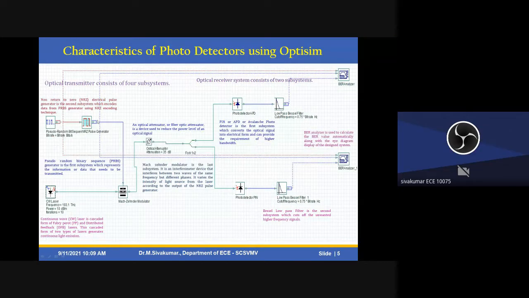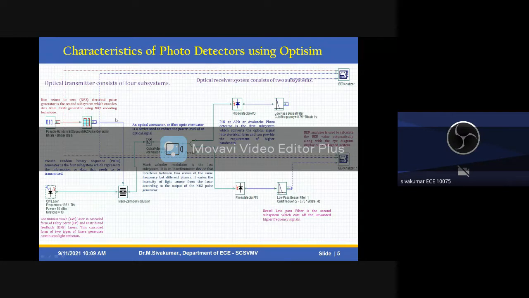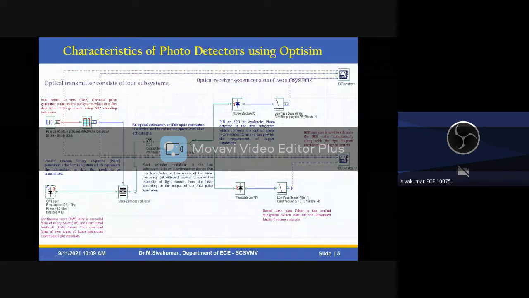What is the NRZ pulse generator? It is a non-return to zero electrical pulse generator, the second subsystem, which encodes the data from the PRBS generator using the NRZ encoding technique. These are the first 2 subsystems, and the next one is a Mach-Zehnder modulator. What is the use of this modulator? It is the last subsystem.